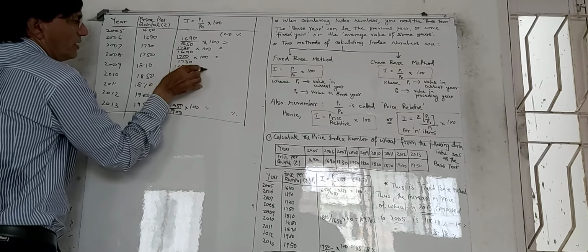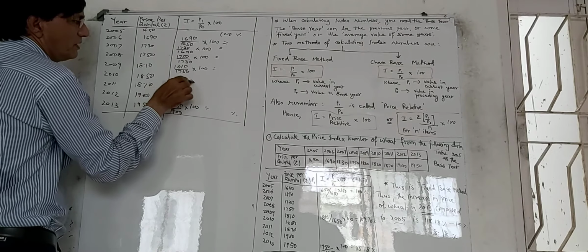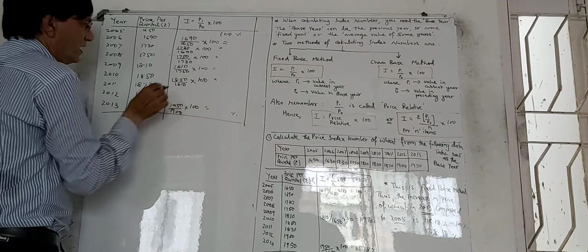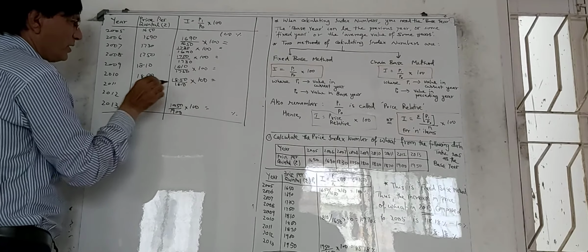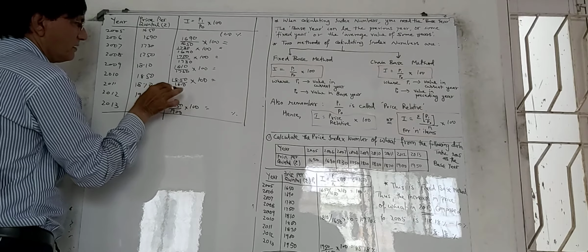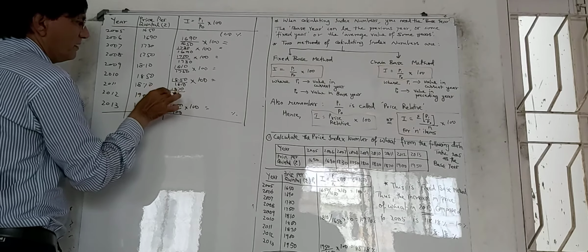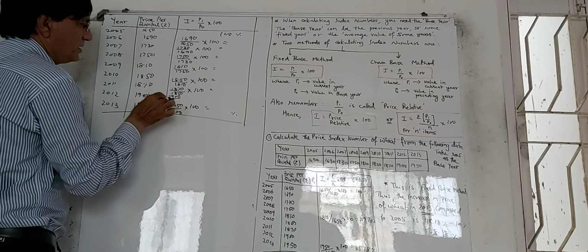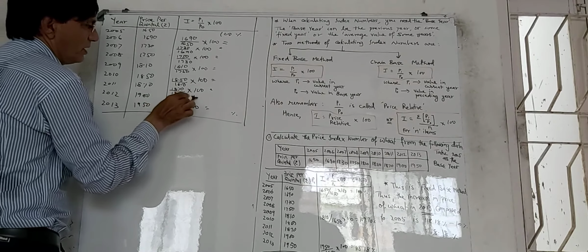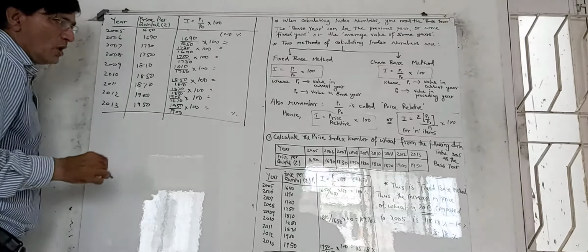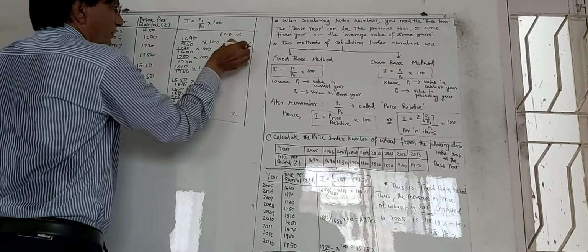Then 1850 is the current year and 1810 is the previous year, into 100. Similarly, 1870 is the current year upon 1850 previous year into 100, and finally 1900 upon 1870 into 100. So you get the percentage change in each one.